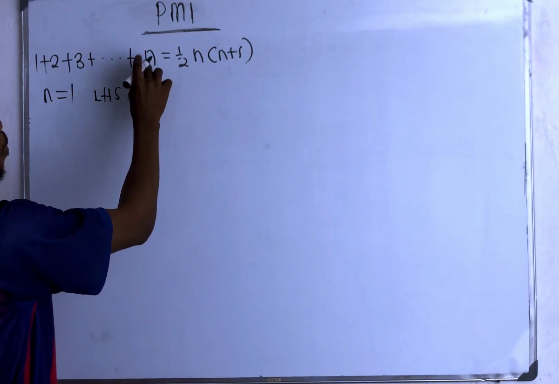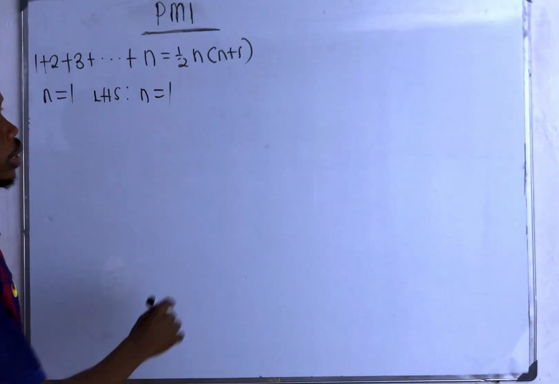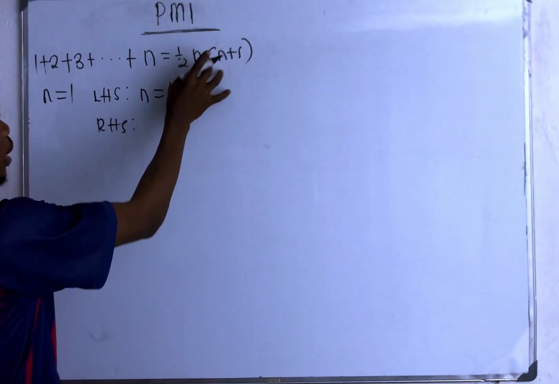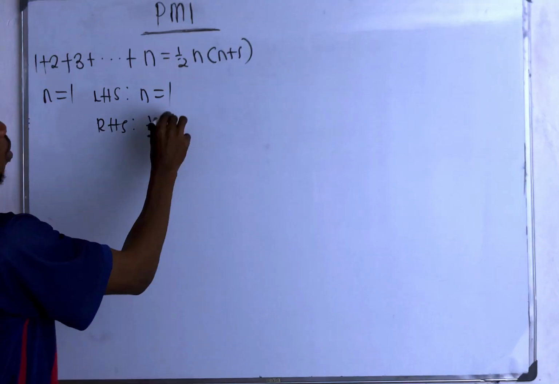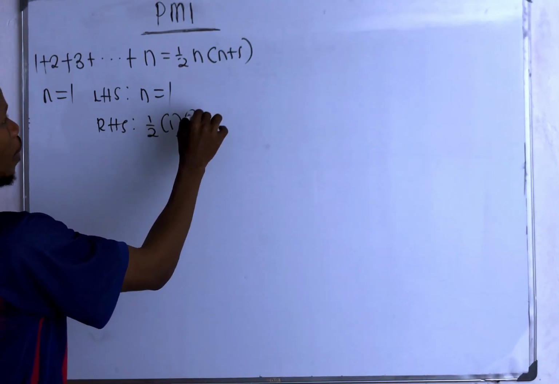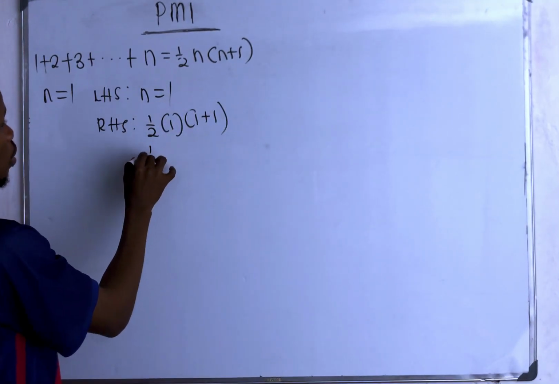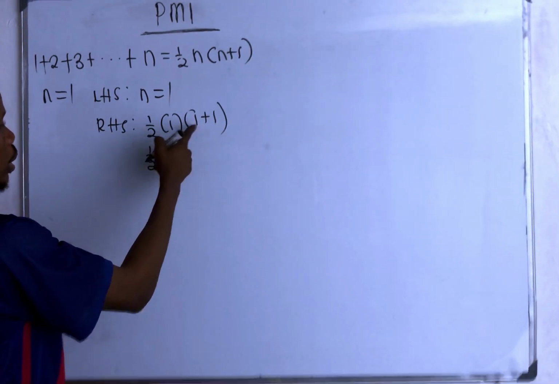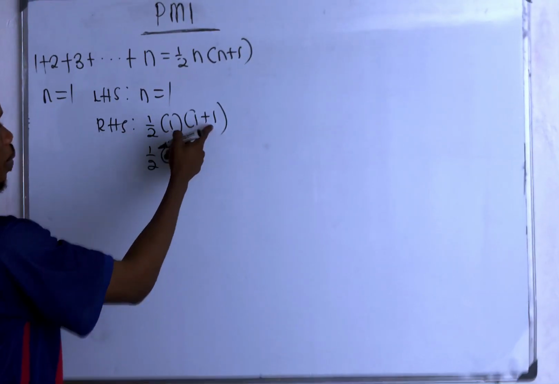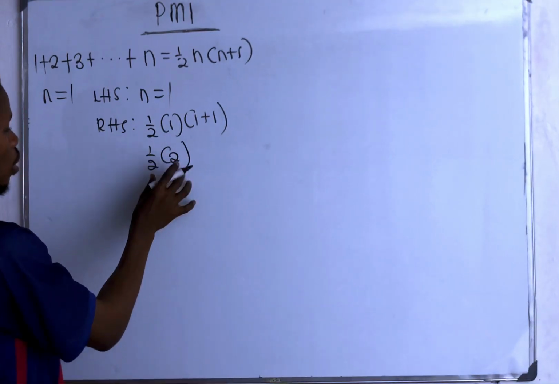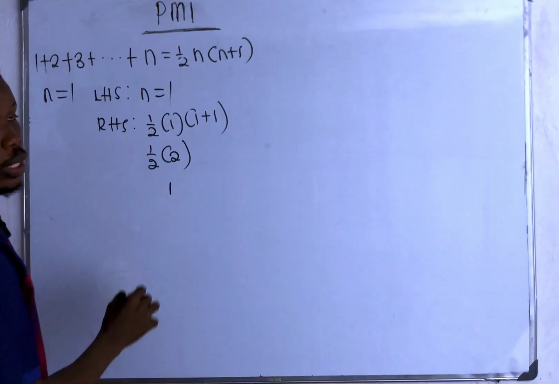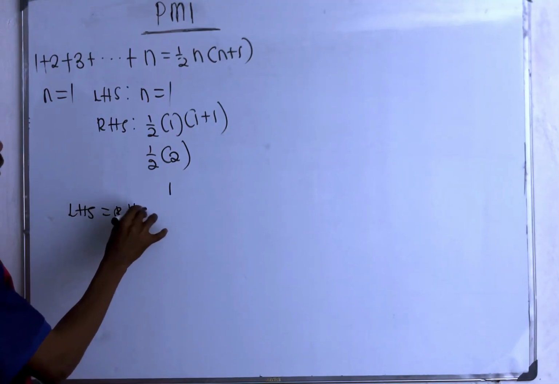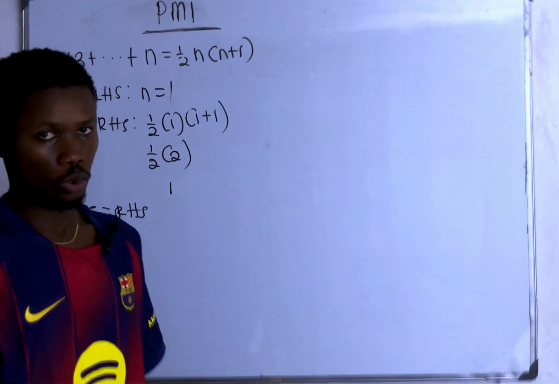If I put 1 here, I will get 1. Then let's consider the right hand side. If I put n to be 1, half of 1 times 1 plus 1. Half of 1 is still half, and 1 plus 1 is 2, so half of 2 is 1. Are we seeing that? So the left hand side is equal to the right hand side. This is true.